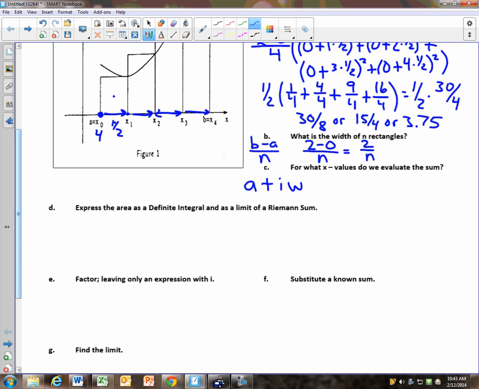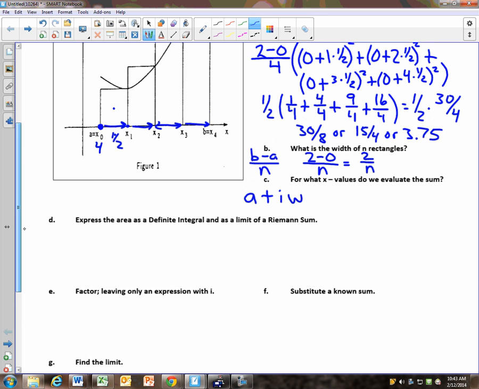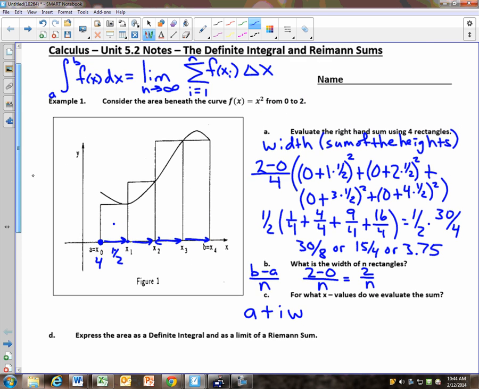So we would start at a and add 1 width. Then we would start at a, add 2 widths. Start at a, add 3 widths. So look at this. See the formula? I equals 1. Then the next one would be I equals 2, I equals 3, I equals 4. So that's the number of widths.